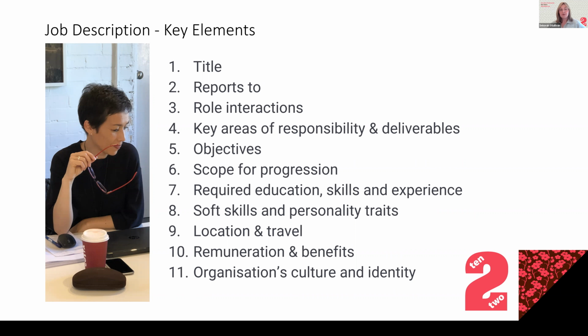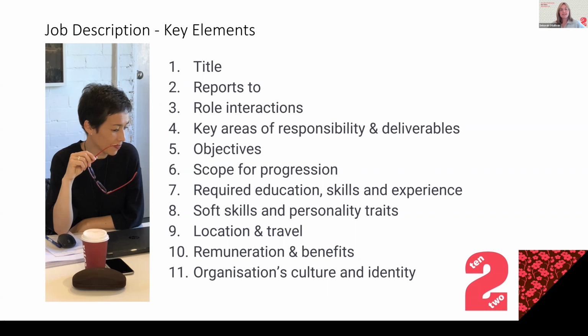Then you'd have your required skills, education, experience, and then separately, the soft skills, the personality traits you are looking for in someone. So you might be looking for 5 years finance experience or marketing experience in a B2B small business, and that would be part of the experience. But you might be looking for a team player who's got strong leadership skills. That would be your personality traits or soft skills.